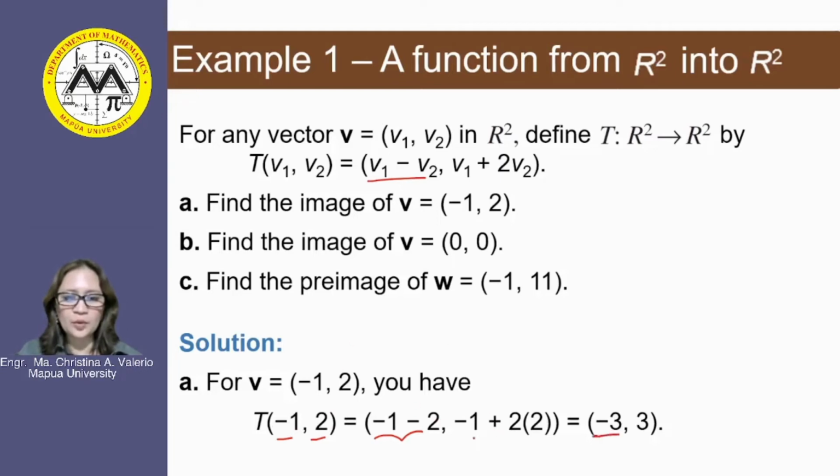And for the second component, we will have v sub 1 plus 2 v sub 2. So that means we will have negative 1 plus 2 times v sub 2, which is 2, so negative 1 plus 2 times 2, that will be 4. So the answer is equivalent to (negative 3, 3). So this is how we find the transformation or the image of a vector. We simply substitute the vector according to the rule of the transformation.